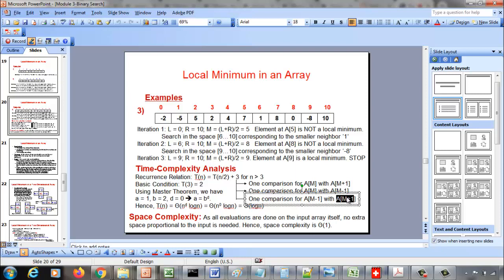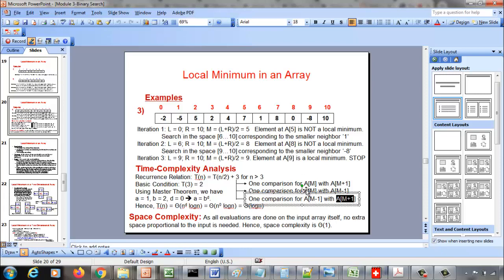So we do a total of 3 comparisons at the worst case to decide which of the two subarrays or search spaces to go about. And again, this is true for n greater than or equal to 3, because we cannot find a local minimum if n is less than 3.